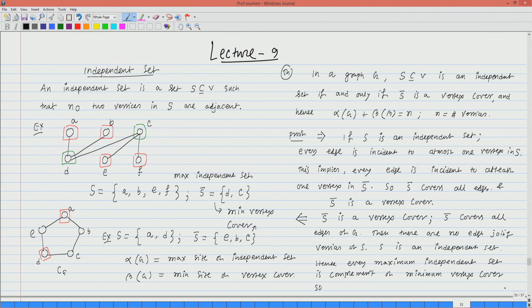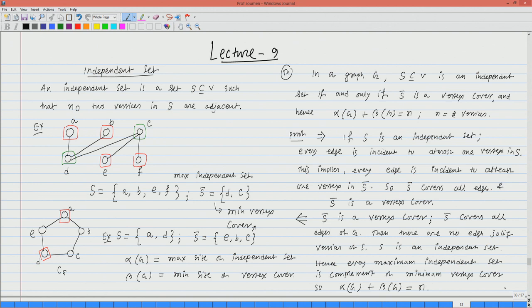So, alpha of G, which is the size of maximum independent set, plus beta of G is equal to n.